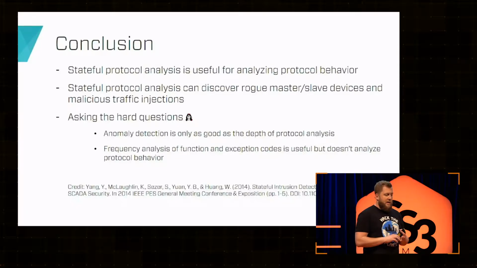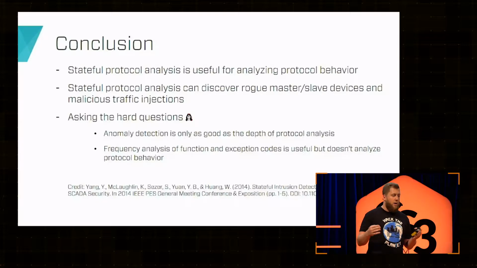The next thing is we have to ask the hard questions as well, and I think that Joe will cover this well in terms of looking at anomalies and baselining and looking at blips of statistical analysis.